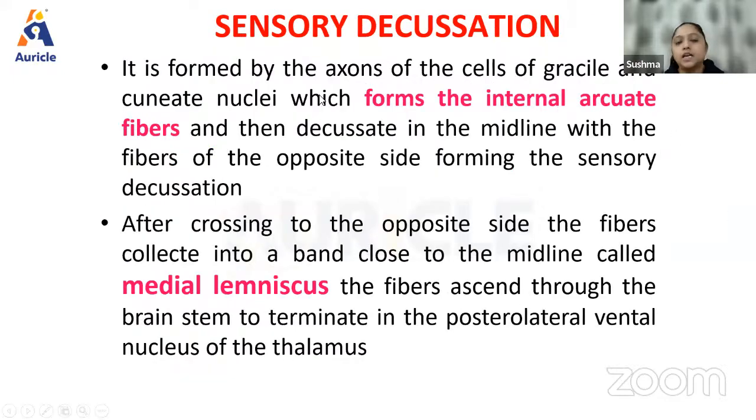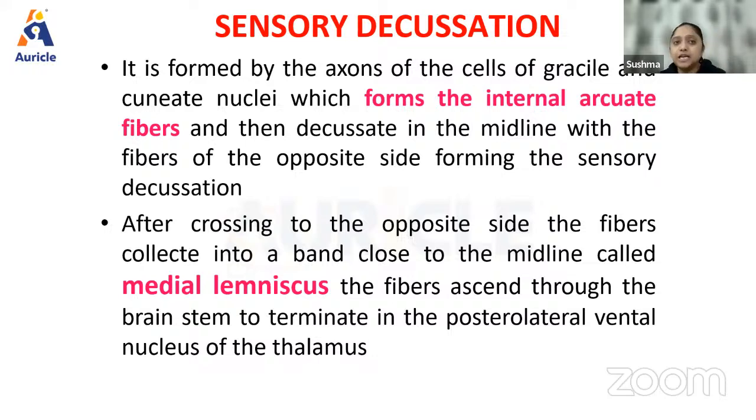Okay. Next, this sensory decussation is formed by the fibers of the internal arcuate. Correct? Internal arcuate fibers that arise from the nucleus gracilis and cuneatus form the sensory decussation. As simple as that. That you can remember. Okay. Next, after they cross over to the opposite side, then they form medial lemniscus. Guys, medial lemniscus or any lemniscus is always a second order neuron. They are never first order neurons.